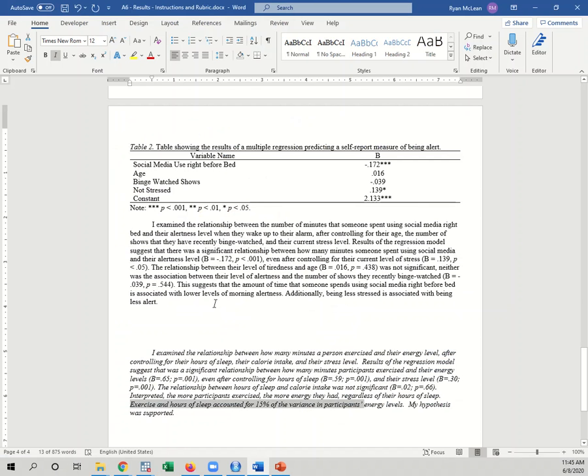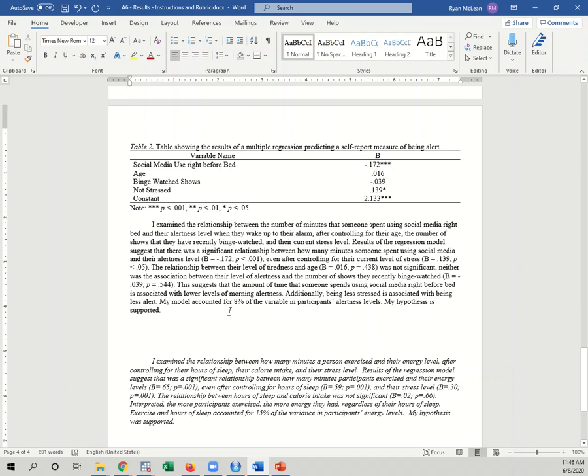So I would say social media use before bed, or rather, I'll simplify it. My model accounted for 8% of the variance in participants' alertness levels. My hypothesis is supported.